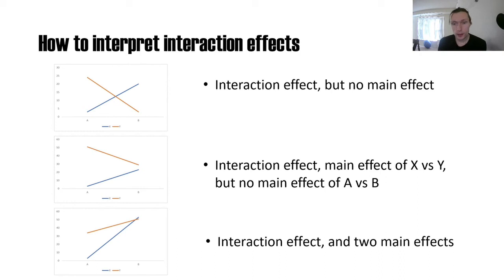And then there finally is an example of where there is an interaction effect with two main effects. Now, again, there is a main effect of tea versus coffee, because the orange line is on average higher than the blue line. Now you will also see that on average, young people score lower than old people, because for the old people the lines are both higher than for the young people.